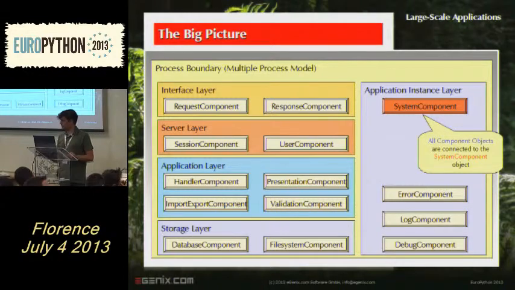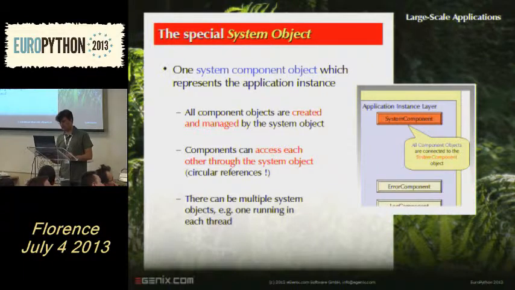There's one component that's special. This is something that we found is very useful to have. We call it a system component. And that system component is an object which basically hooks up everything. So what you do is, if you want to create your application instance, you instantiate that system component object once. And that system component object then instantiates all other component objects that you have in your system and references them.